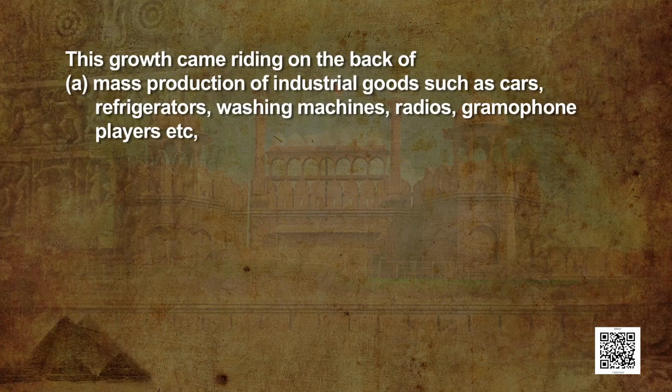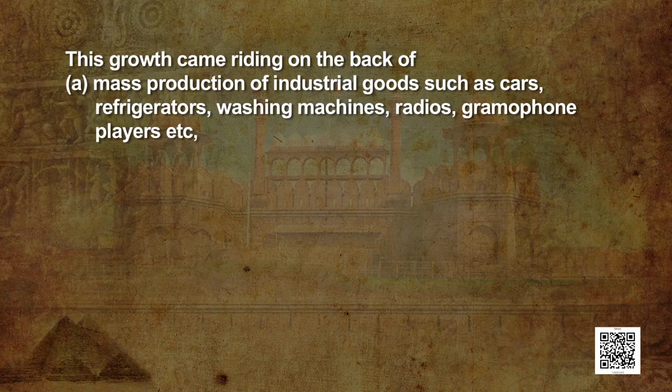In contrast to this depressing situation in Europe, the United States saw a spectacular growth in its economy a little after the conclusion of the war. This growth came because of a few things.